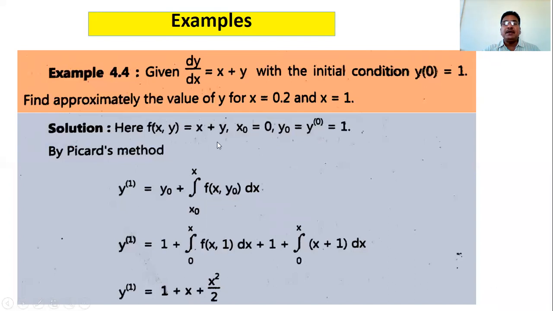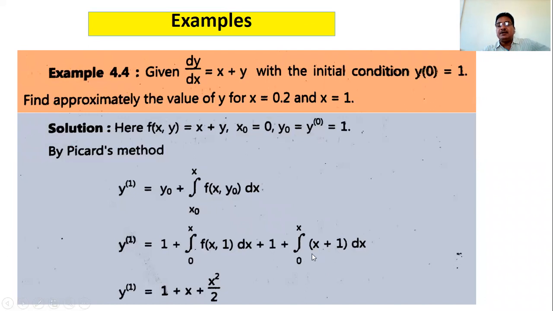What is f(x, y)? f(x, y) is x + y. So f(x, 1) is x + 1, and its integral is x squared by 2 plus x, from 0 to x.